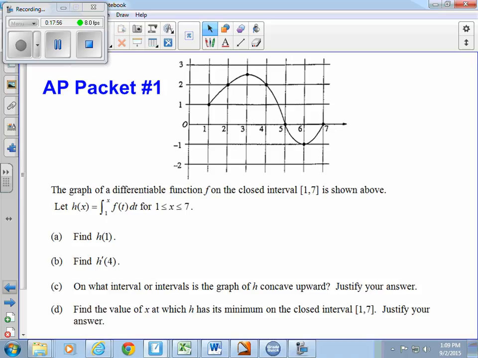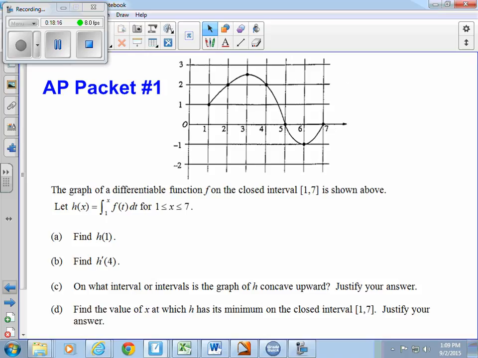Everyone else has an AP packet in their hands? Okay. This is a real AP problem, right? That's what all these AP problems are. Real open response problems off of the AP exam.